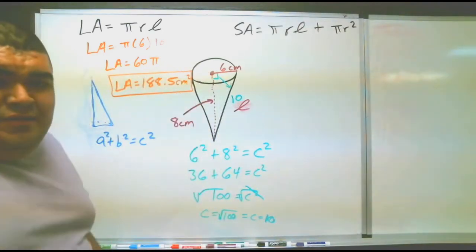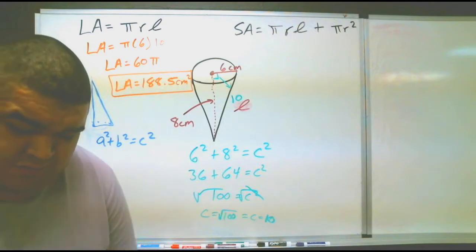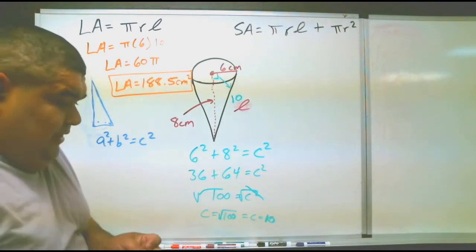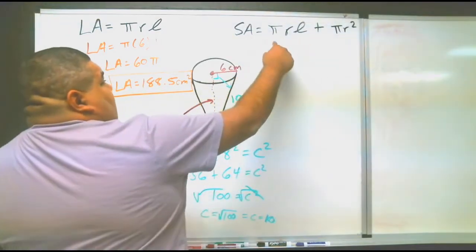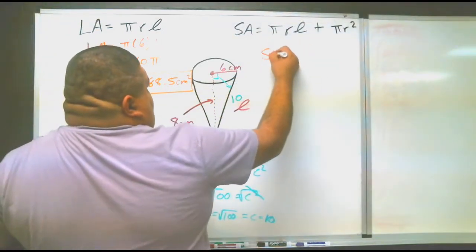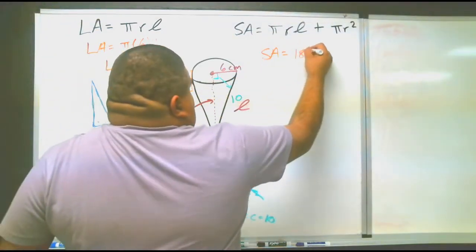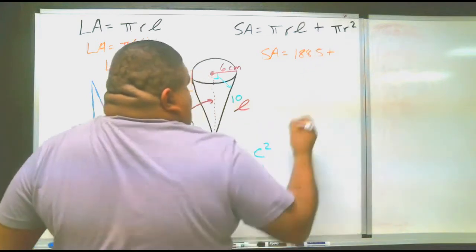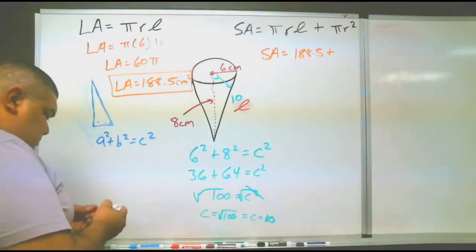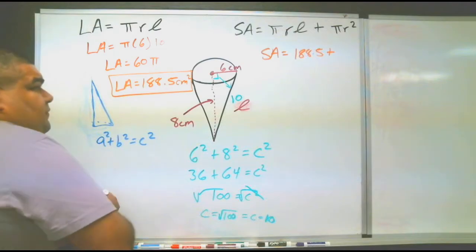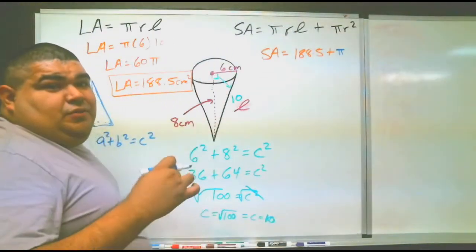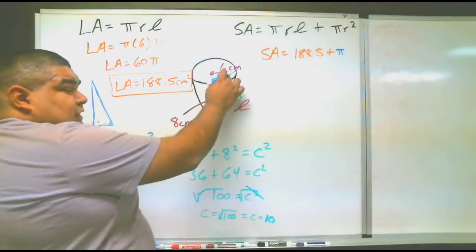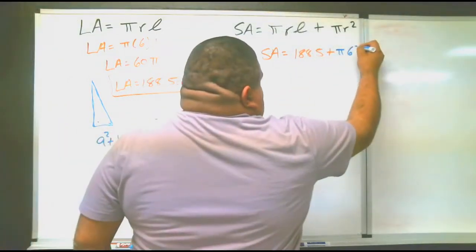Now that we found one of our answers, we can solve the next one, right? We already have part of it solved, which is surface area equals 188.5 plus pi r squared, where r is our radius, which is 6.